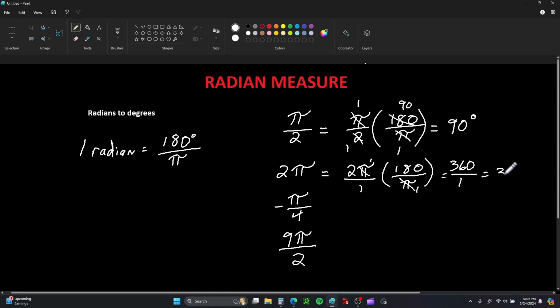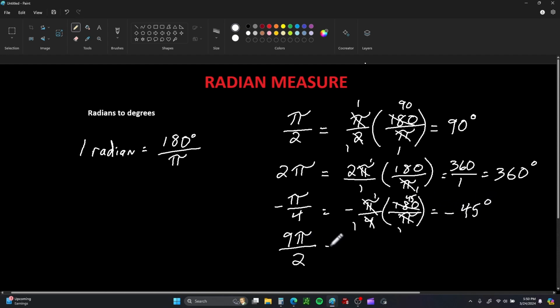So this one is 360 degrees. On the next one, we have minus pi over 4. We're multiplying by 180 over pi. And when we simplify, 4 goes into itself once, and 4 goes into 180 45 times. We have a minus sign here, so we bring that over, and that's minus 45 degrees.